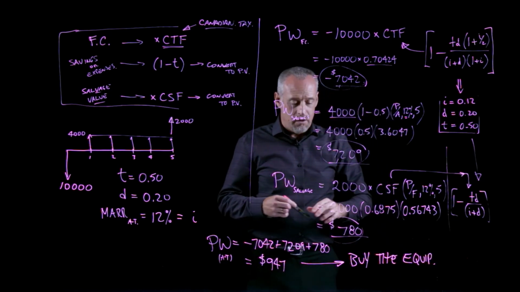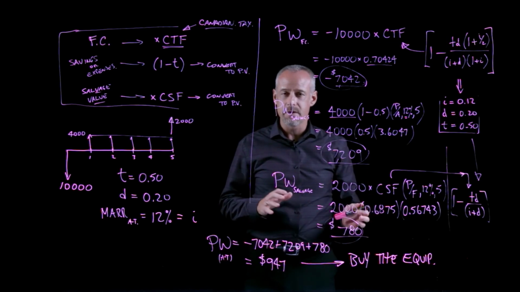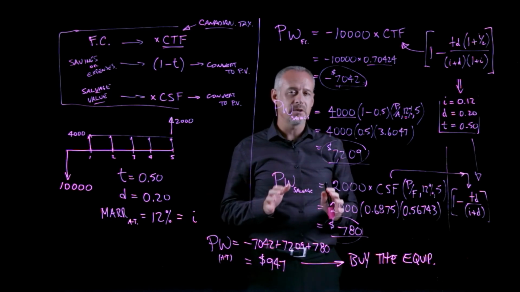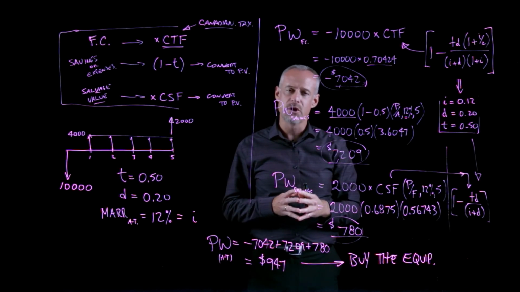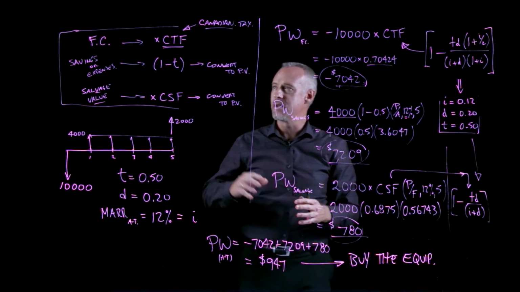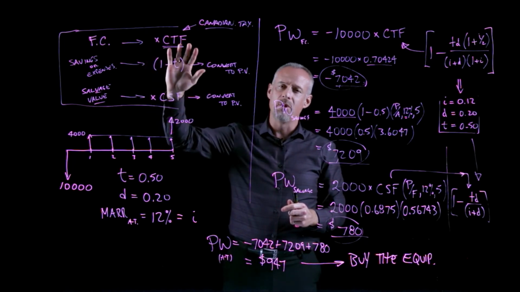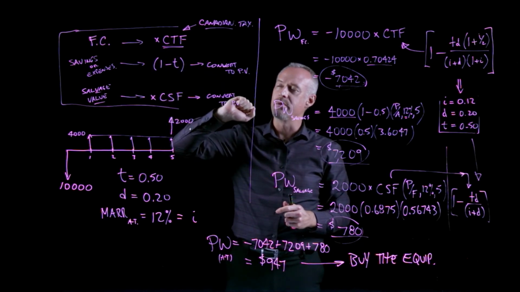So this problem illustrates present worth analysis in an after-tax world. It's also possible to do annual worth analysis. And just by way of comments, I'll suggest that everything up here is very similar in terms of how we guide someone in doing an annual worth calculation.